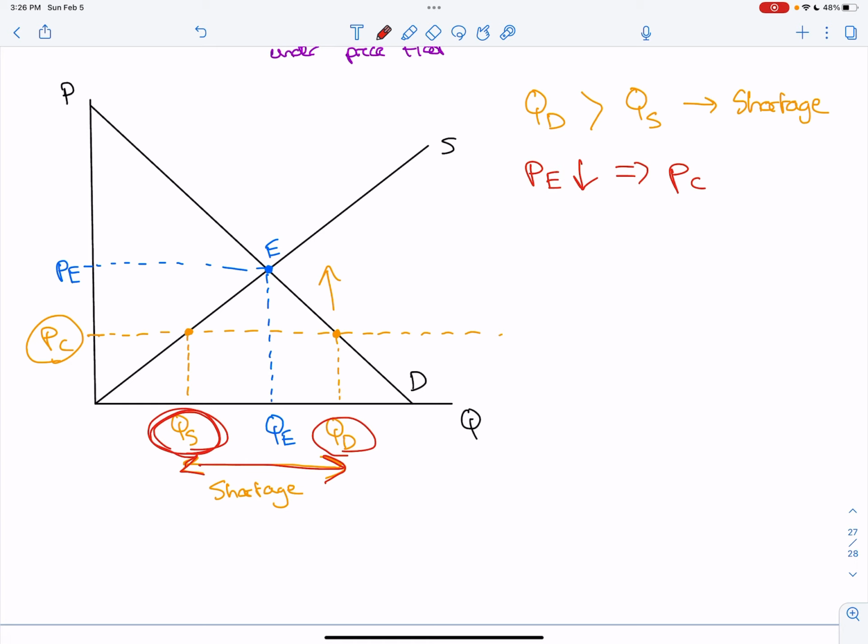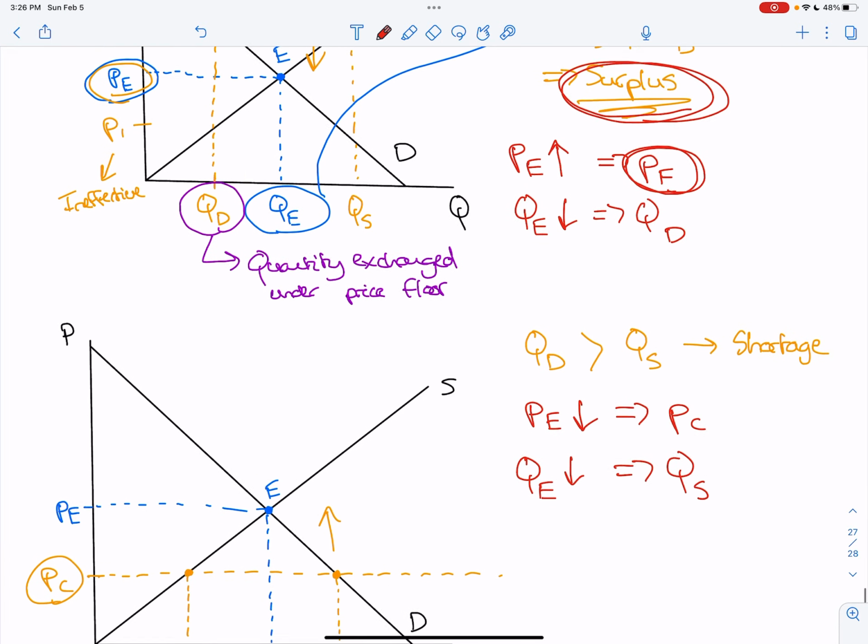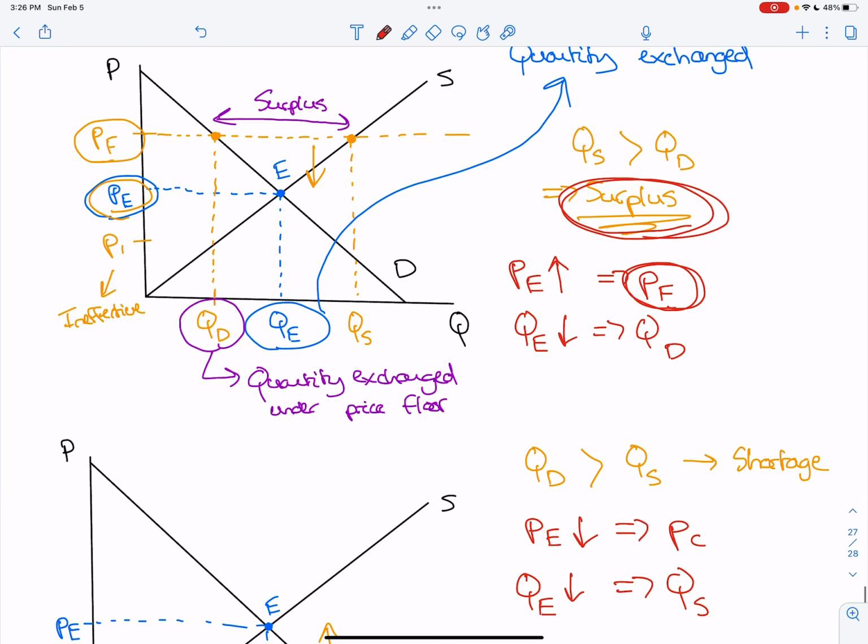So the quantity exchanged, in this case, is QS. So quantity exchanged falls to QS.